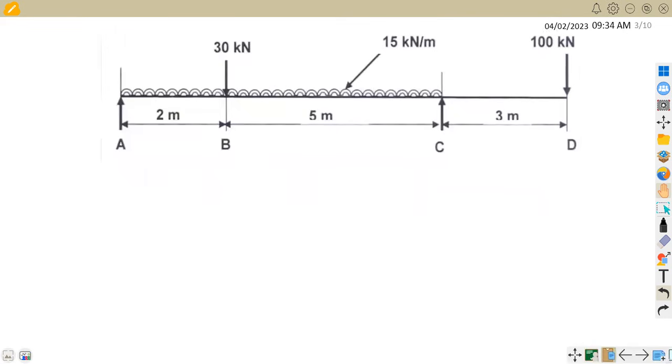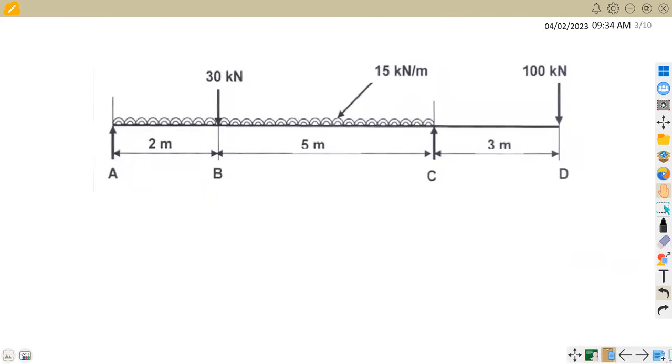If we check here, guys, we have a distributed load in this case. Let's see the properties of this distributed load. It's distributed from point A up to point C. So for these 2 meters and these 5 meters we are being affected, so it's distributed for 7 meters.